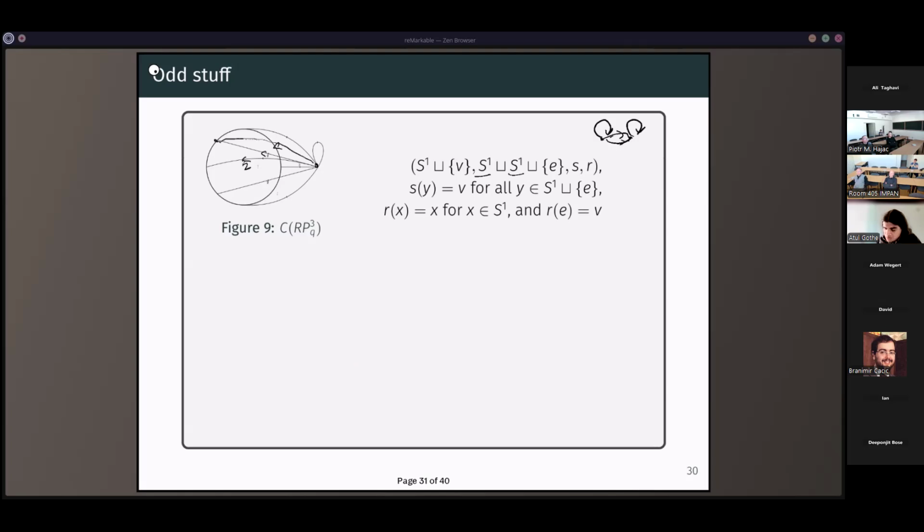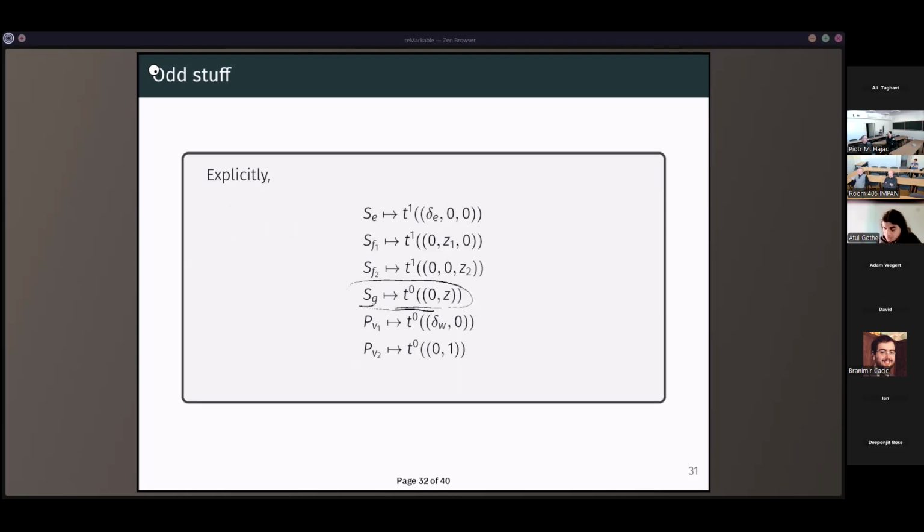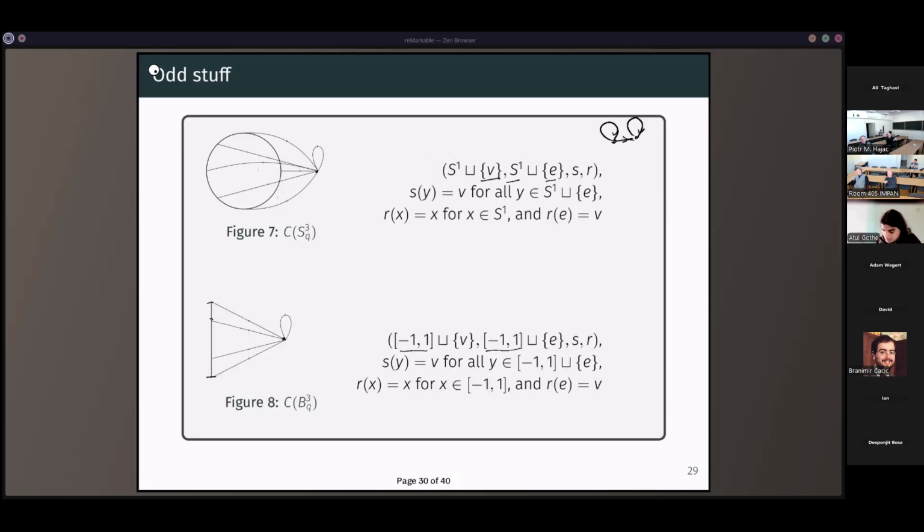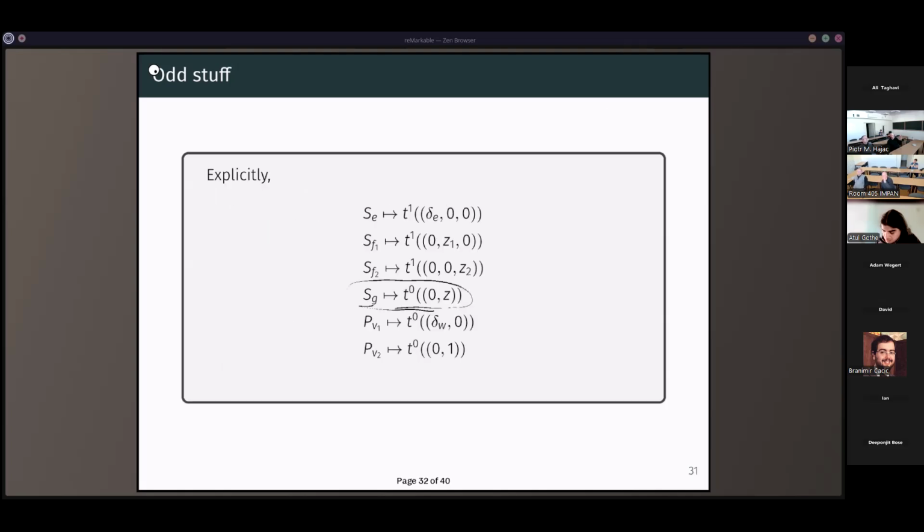So maybe this notation is a little bit misleading, because even in the previous case for even dimensions, you are identifying for C of S-something, one circle is the topological space of vertices.